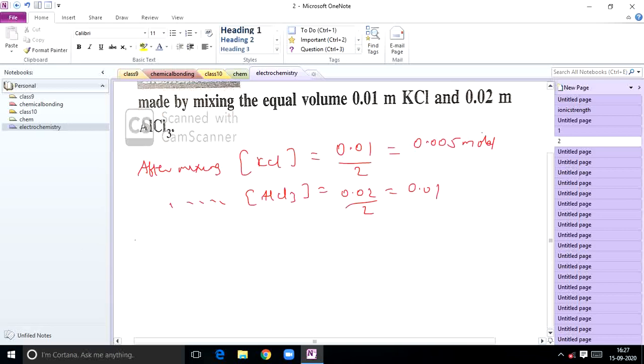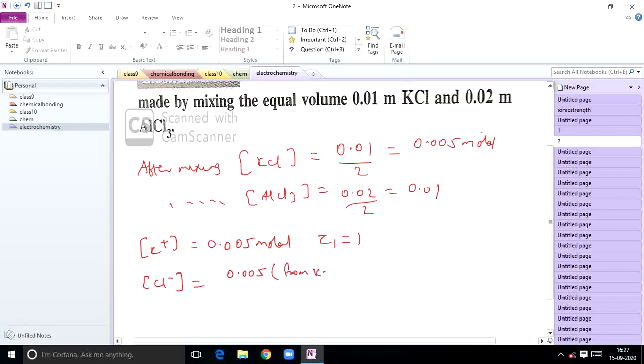So from that you can write concentration of K+ ion is equal to 0.005 molal. So Z1 is equal to how much? 1 charge. At the same time, concentration of Cl- is equal to, be careful here, 0.005. This is the concentration from KCl, this is a common ion. Plus 3 into 0.01, because 3 chloride ions are there in AlCl3. That's why I am taking 3 into 0.01.